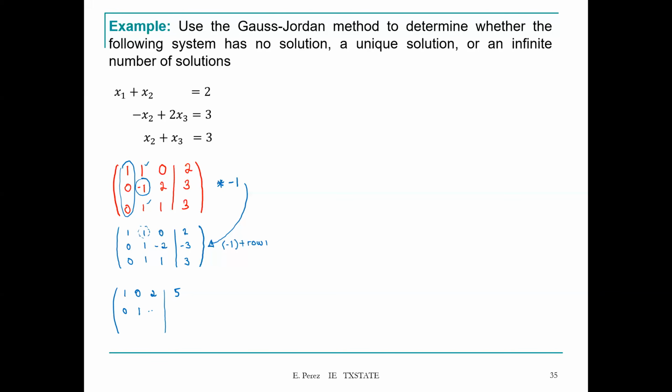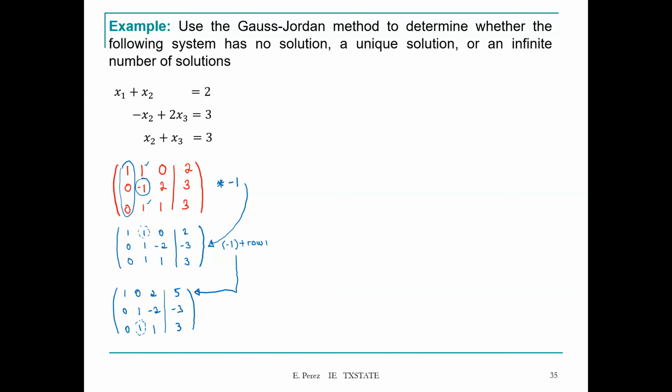0, 1, -2, and -3. 0, 1, 1, 3. So this is the result of multiplying that second row by -1, and then adding that to row 1. So now we're good. Now the next step is to make this value equal to 0.